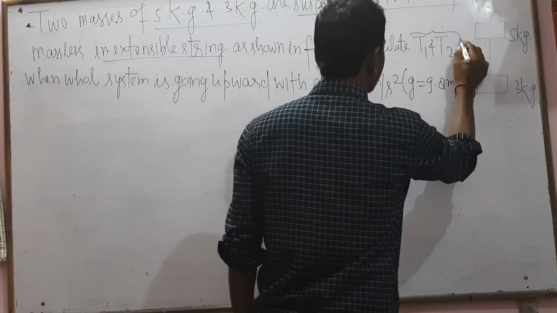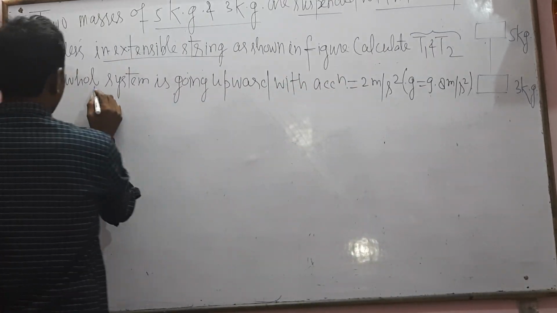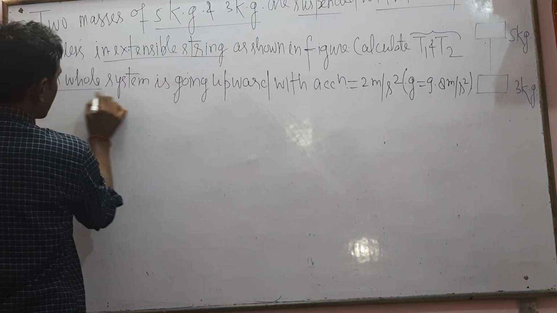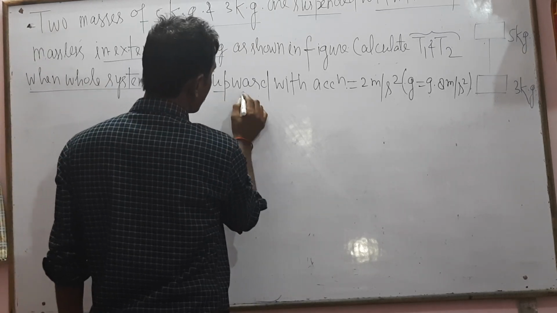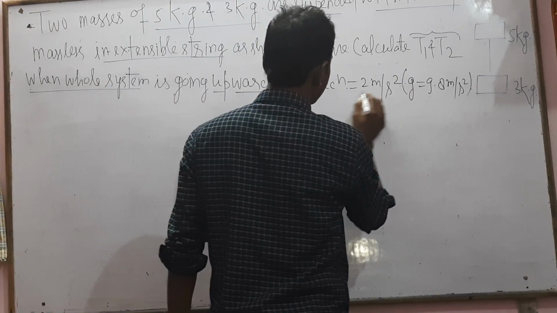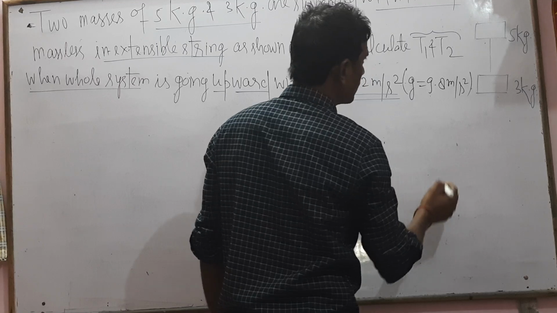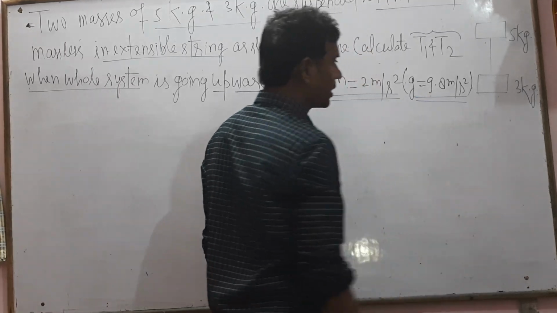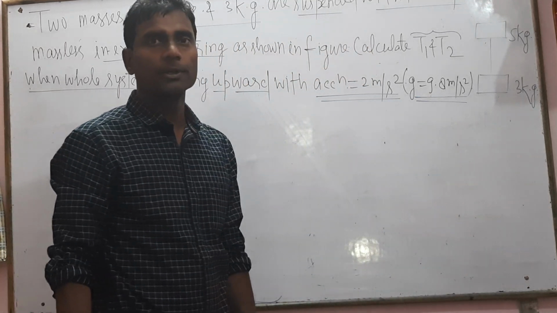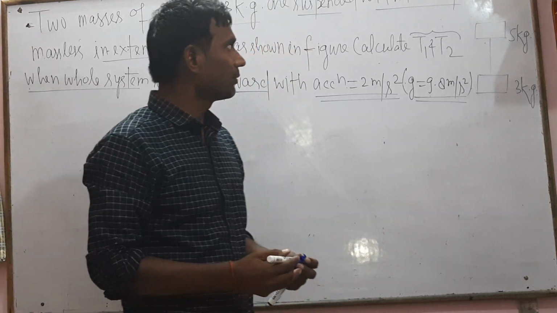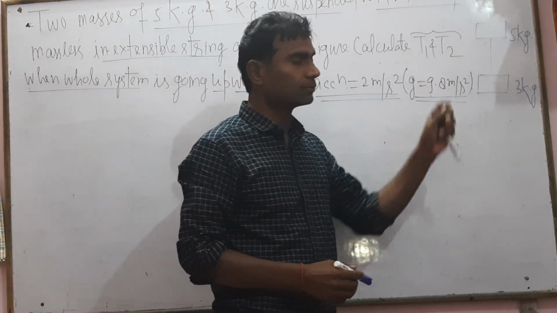Calculate T1 and T2 when the whole system is going upward with acceleration a equal to 2 meter per second square and g equal to 9.8 meter per second square.